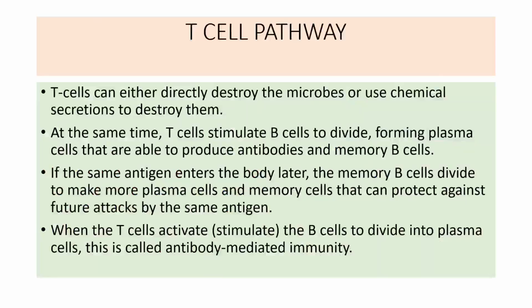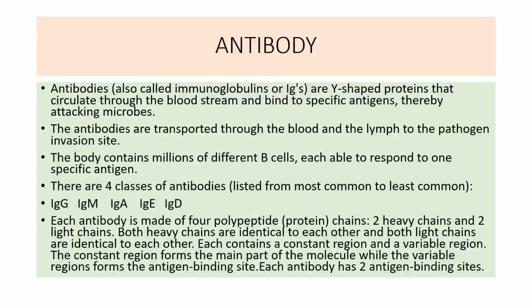So T cells are the most important cells which will attack the pathogen directly and lead to the lysis of the antigen presenting cell, whereas the B cells are responsible for killing the pathogen through the production of antibodies.